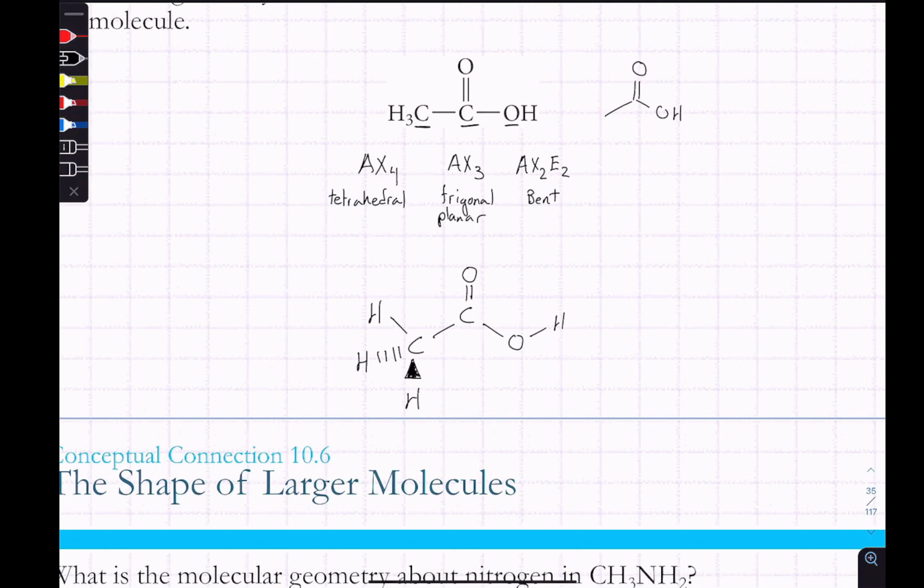For the AX2E2 bent oxygen, the bond to the carbon and the hydrogen bond can be in the same plane. What's the base shape for 4 electron groups? Tetrahedral.